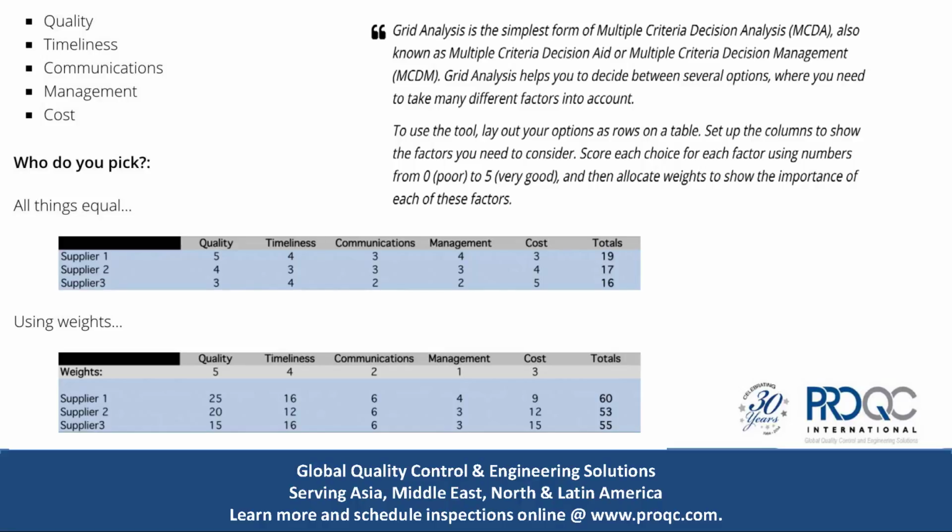Who do you pick? Grid analysis is the simplest form of multiple criteria decision analysis, MCDA, also known as multiple criteria decision aid or multiple criteria decision management, MCDM. Grid analysis helps you to decide between several options, where you need to take many different factors into account.